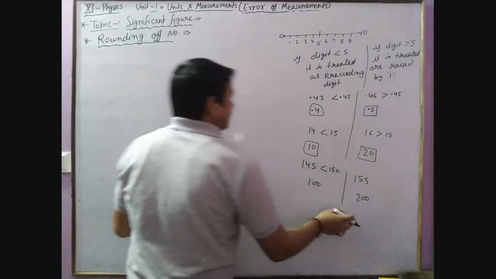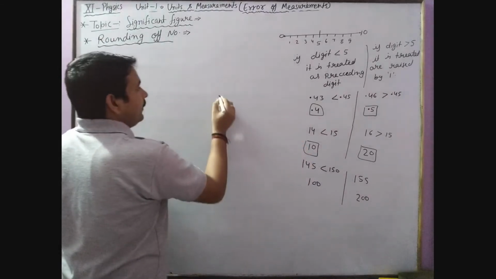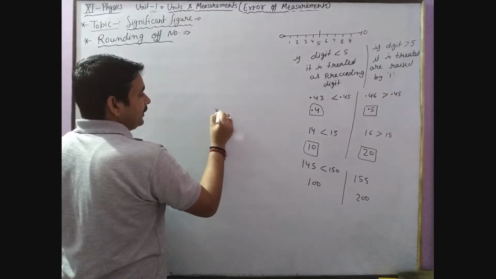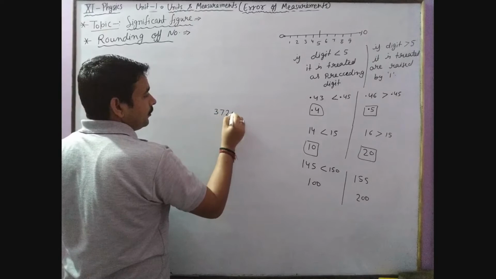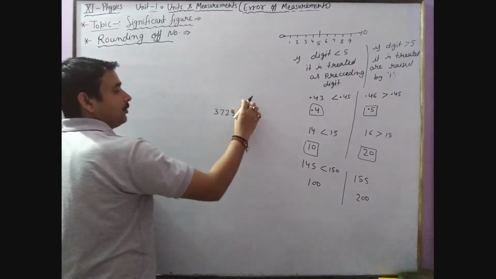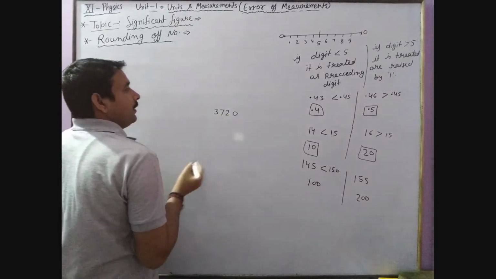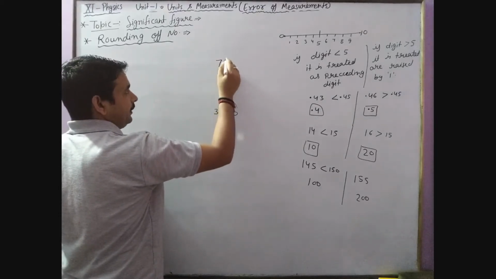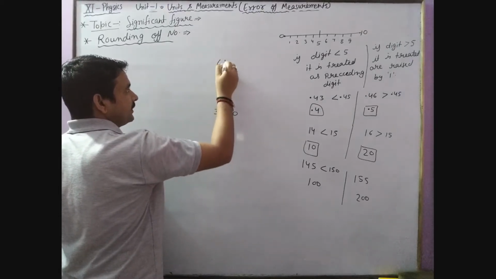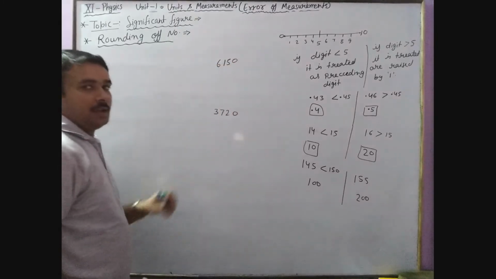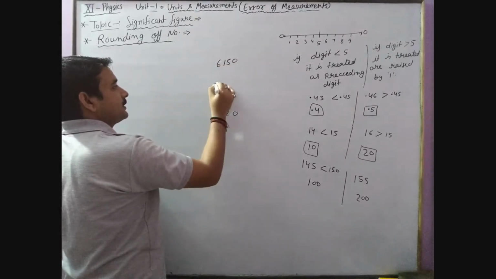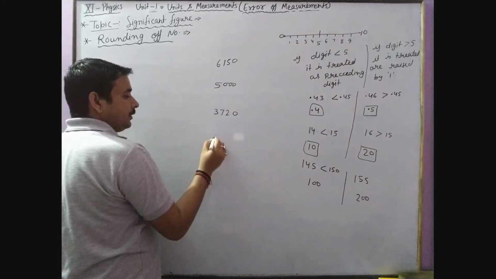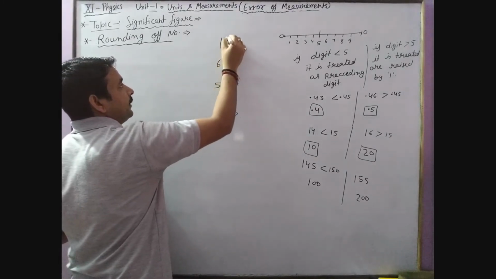Okay, इसी तरह से अगर हम 1000 के लिए देखें, that हमारे पास कोई नंबर है like 3725 or 3720, and second number we have 7 or 6150. We know that the center number is from 0 to 10,000.